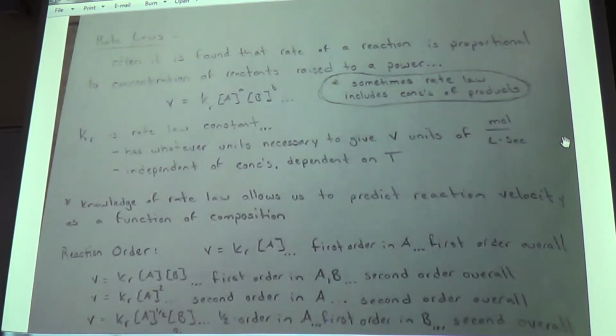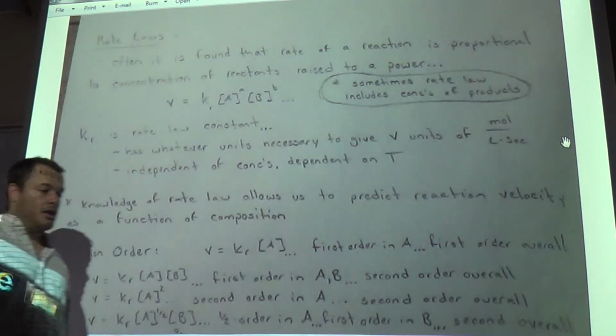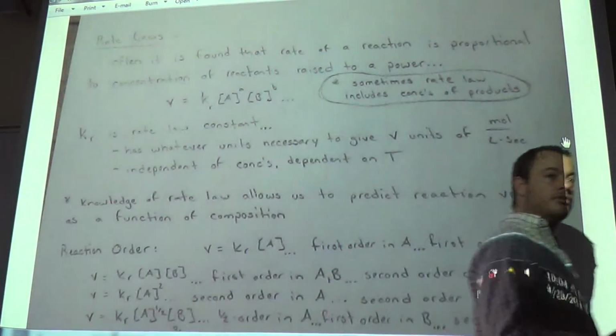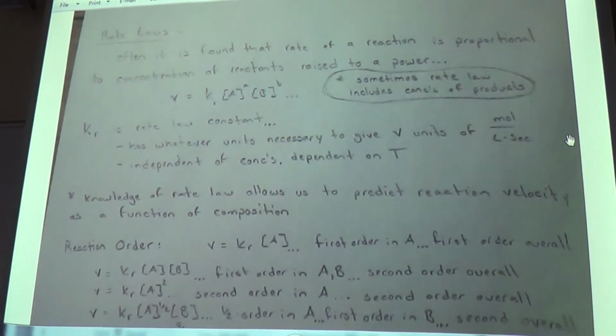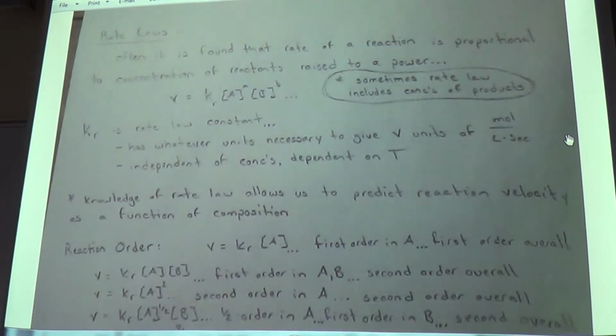But also, simply having a collision between two species is not necessarily enough. The collision has to happen in the appropriate orientation. So you can imagine if you've got an SN1 or an SN2 reaction, and the collision happens from the wrong side.